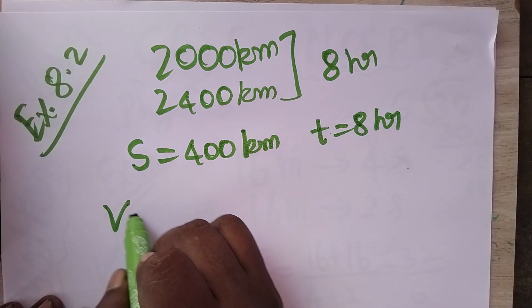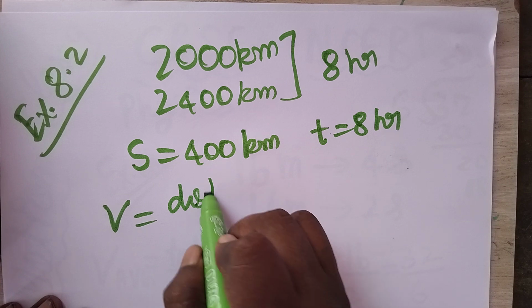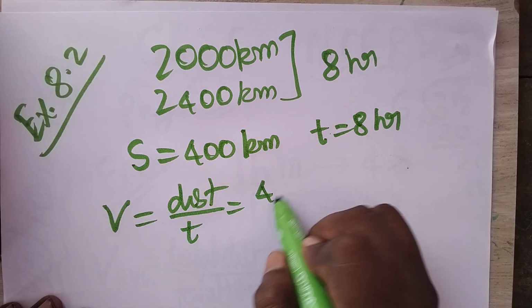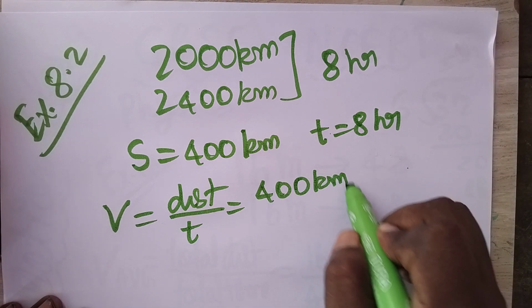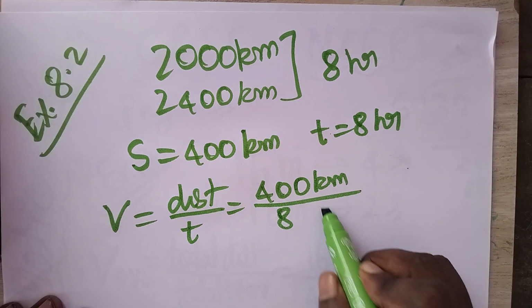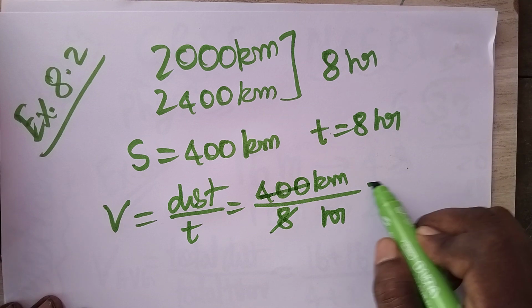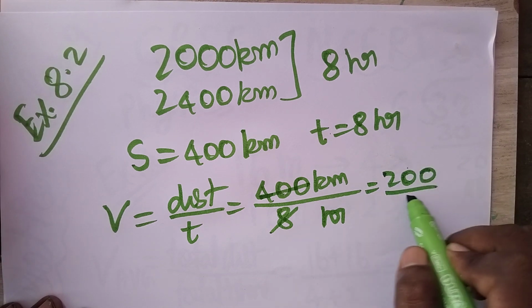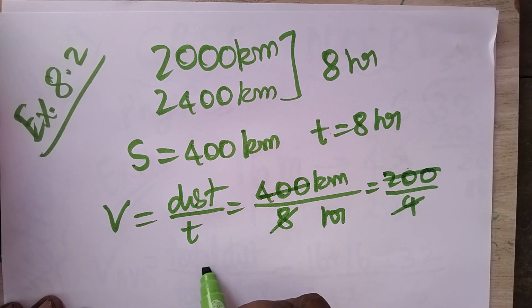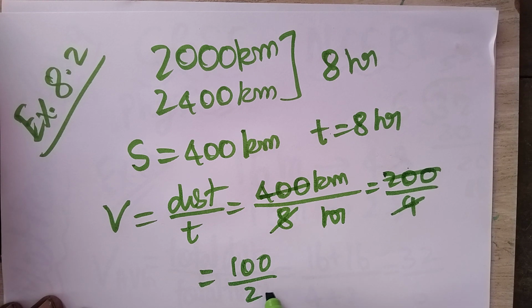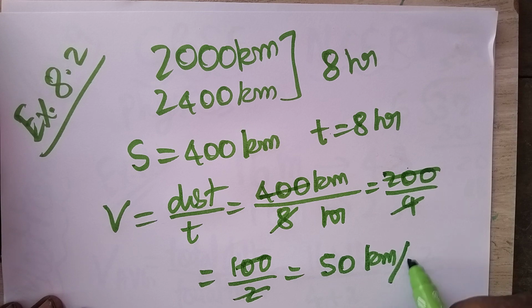Now speed is distance by time. Distance is 400 kilometer, time is 8 hours. If you cancel this, it is 200 divided by 4. Again cancelling, 100 divided by 2. Again cancelling, 50 kilometer per hour.